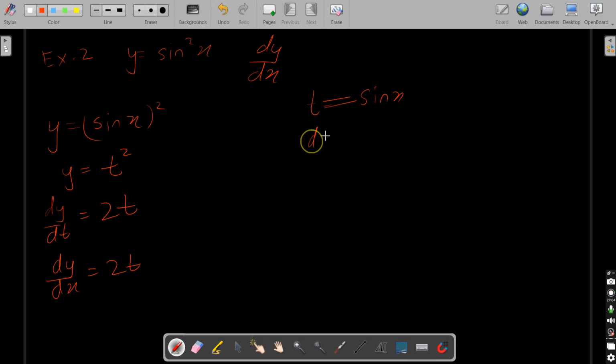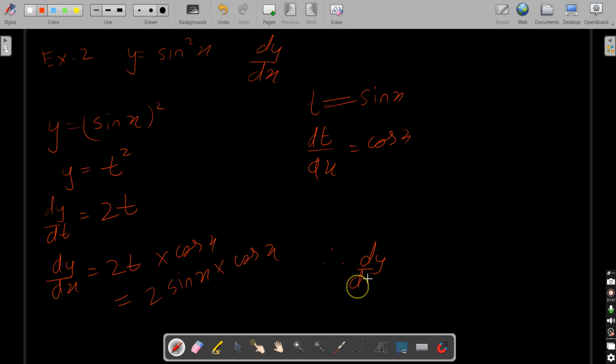This differentiation dt by dx will be cos x. But we substitute t as sin x because we can't keep t as t. We have to resubstitute, 2 into sin x multiplied by cos x. Therefore, dy by dx is equal to 2 sin x cos x. This is our answer.